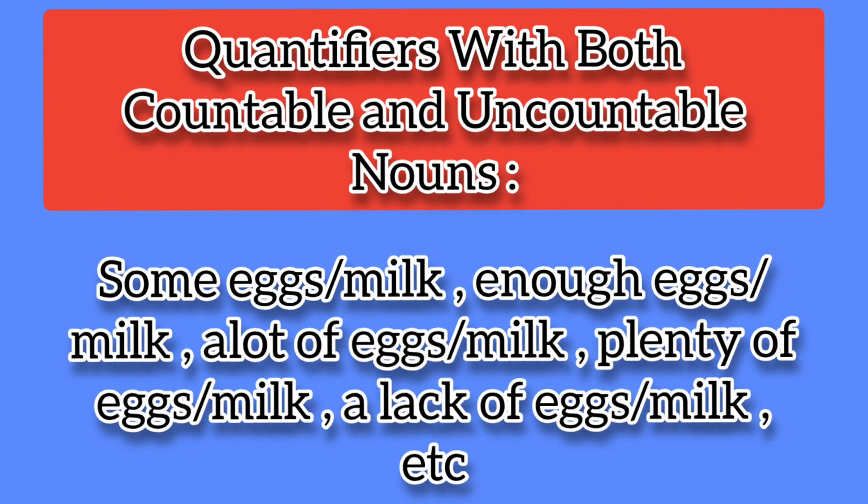A lot of eggs, countable noun; a lot of milk, uncountable noun. Plenty of eggs, countable noun; plenty of milk, uncountable noun. A lack of eggs, countable noun, and a lack of milk, uncountable noun, and so on. So all these are quantifiers with both countable and uncountable nouns. I hope you have understood the uses of quantifiers with both countable and uncountable nouns.